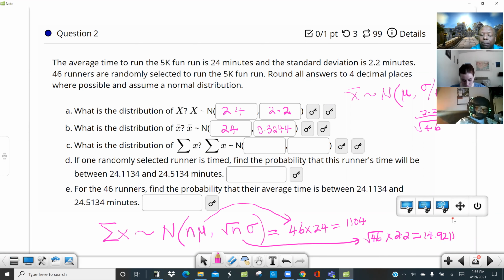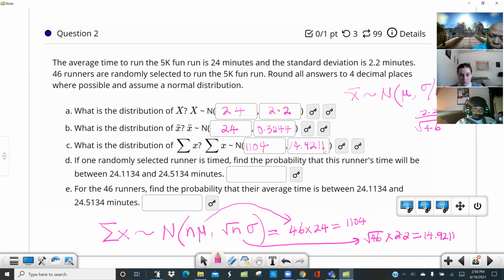So those are the numbers we're going to pick here: 1104 and 14.9211. So those are three normal distributions. And because they are all normal distributions, you want to make sure you select the right one.